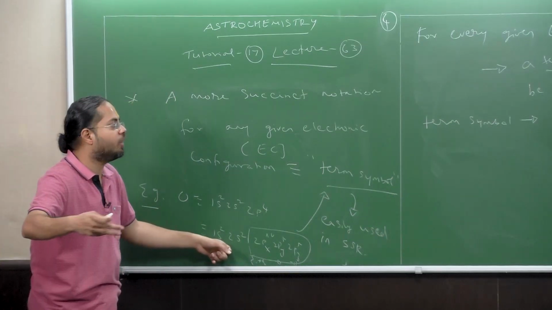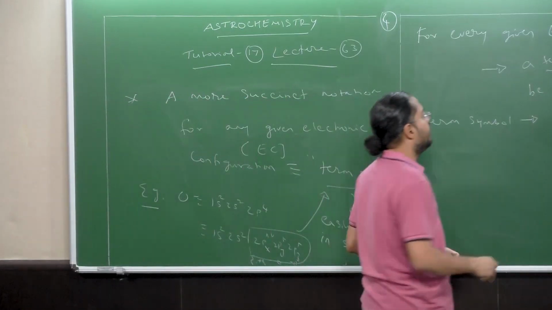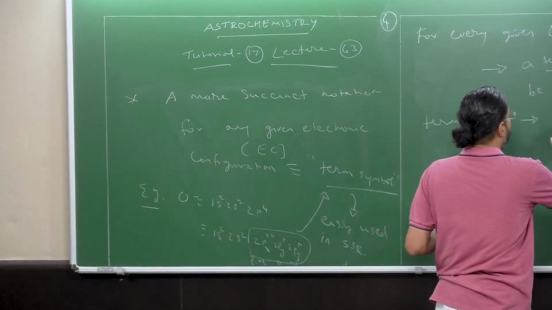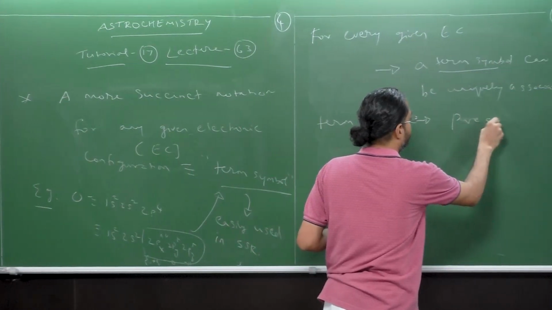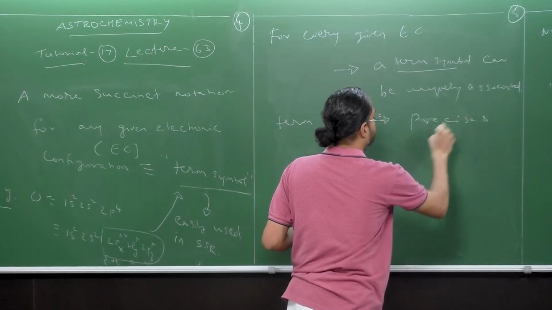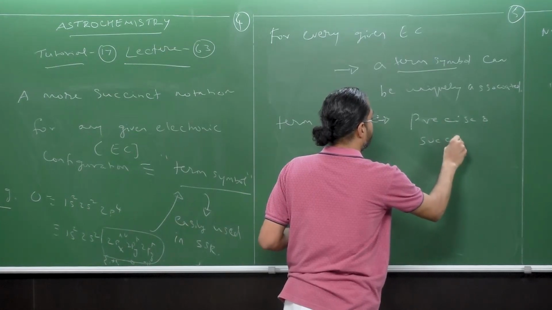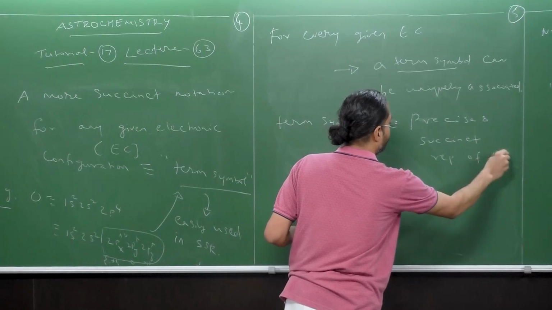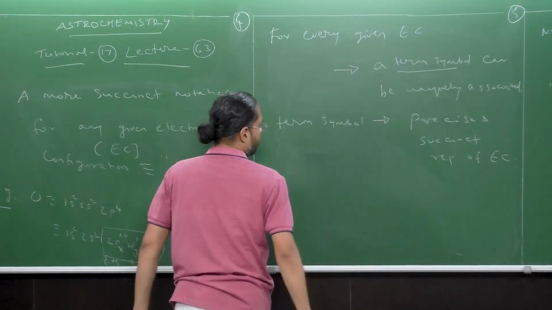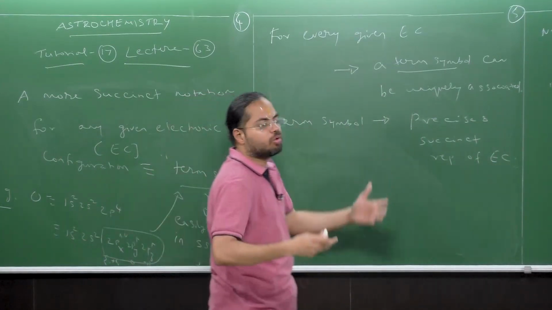A term symbol, on the other hand, is going to be a much more precise and succinct representation of an electronic configuration. I'll tell you how to write the term symbol soon.